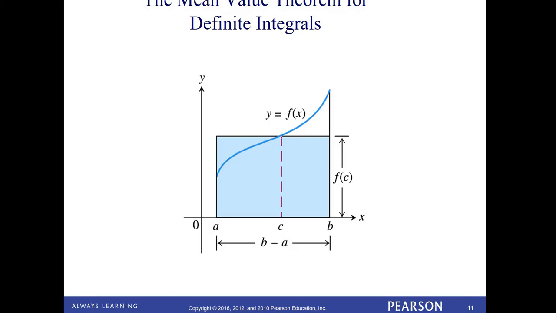We can find a value c such that f of c times our interval will equal the integral from a to b of f of x. Sorry, I ran out of room. So again, that mean value theorem, finding the value of c such that the integral under the rectangle is the same as the integral under the curve.